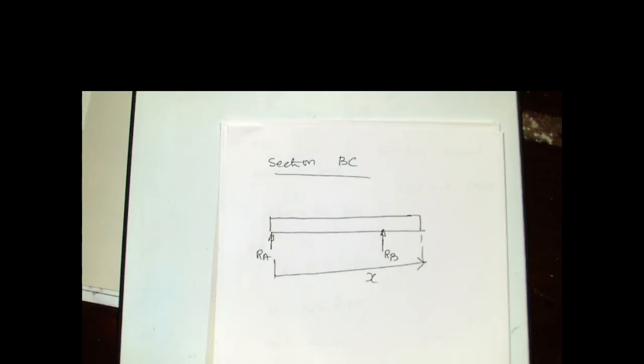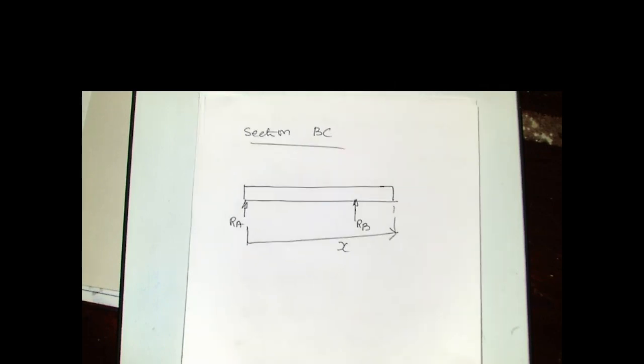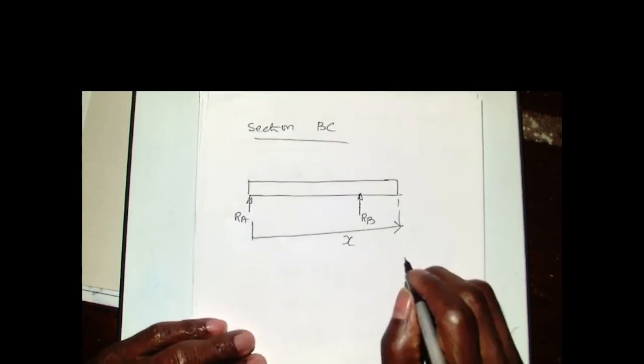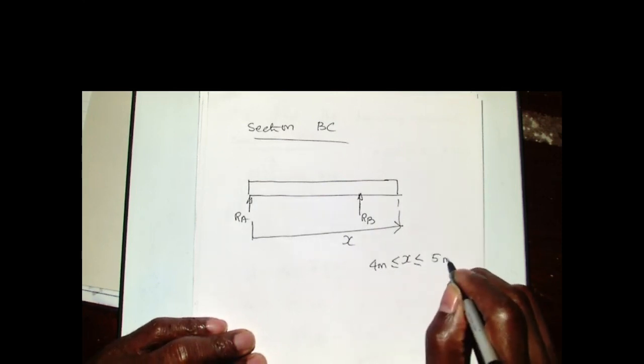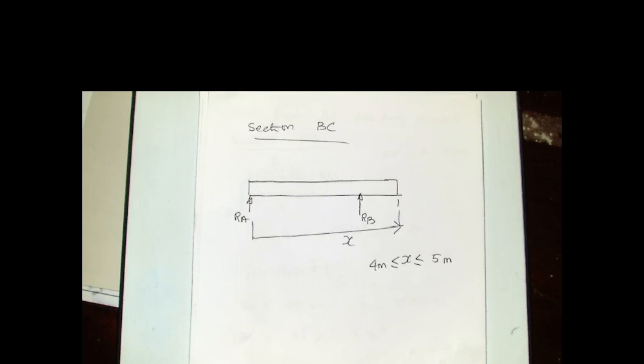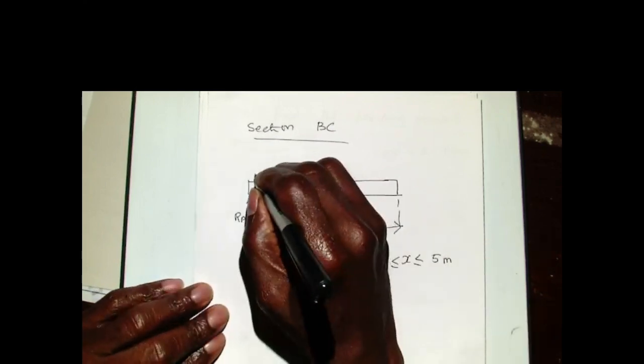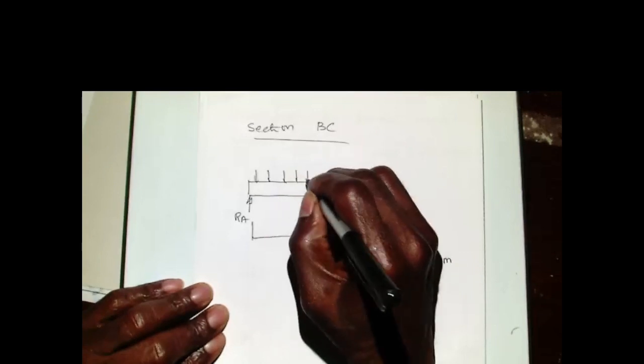So my distance X is any point between B and C. The limit of X in this case will go from 4 meters to 5 meters because we are looking at section BC. My uniformly distributed load is acting over all of here up to there.